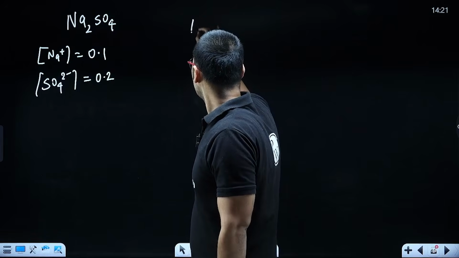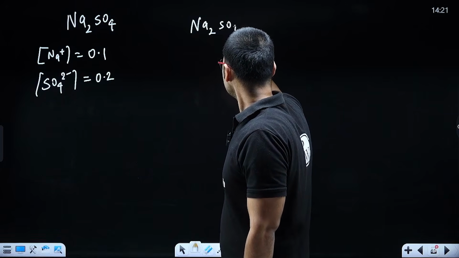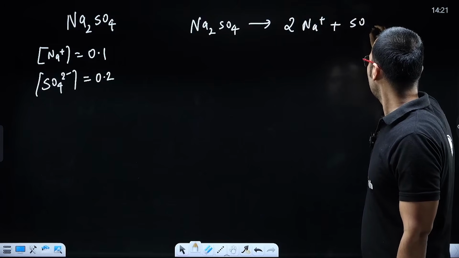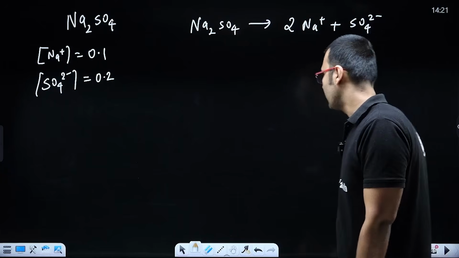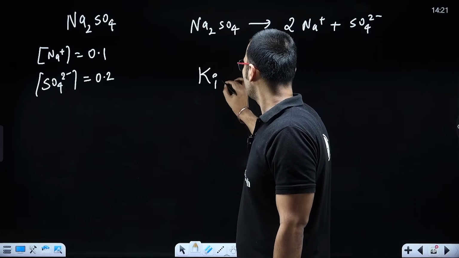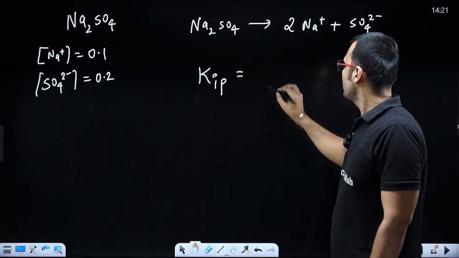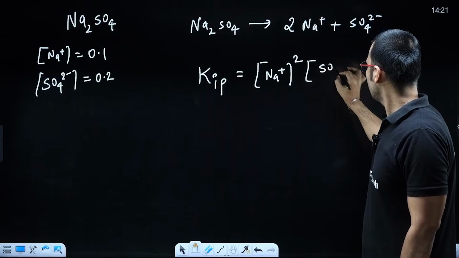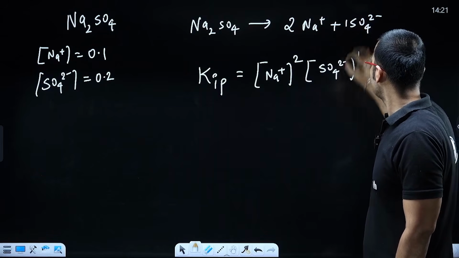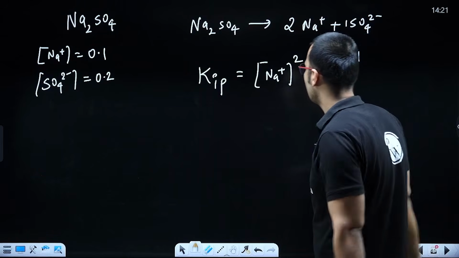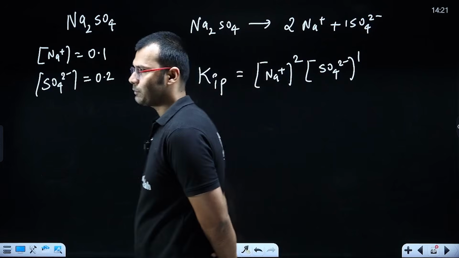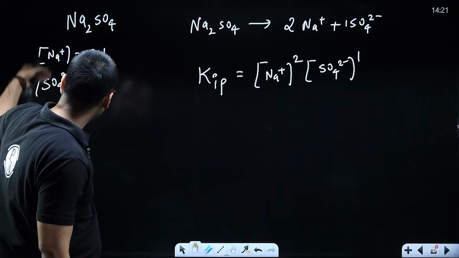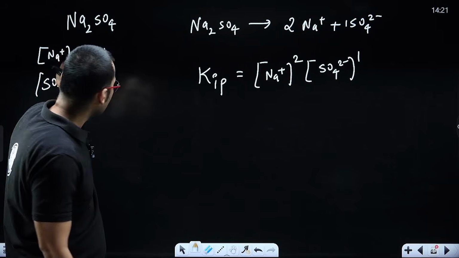Basically, Na2SO4 in your solution will decompose as twice Na plus and sulfate, right? So first always write the expression. Here the ionic product of sodium sulfate will be concentration of Na plus to the power 2 into concentration of sulfate to the power 1 coefficient, right? But in this case, they are giving the known concentration of these two, so I can substitute that.